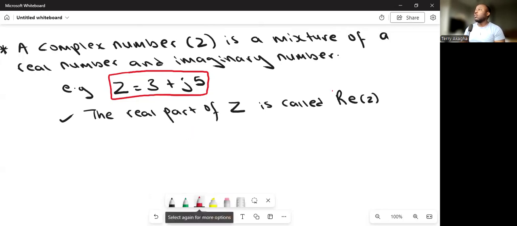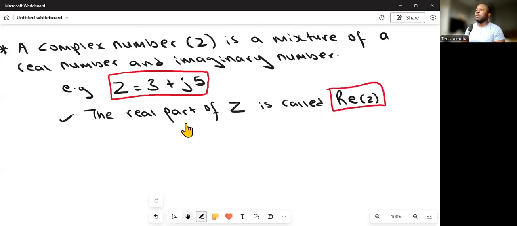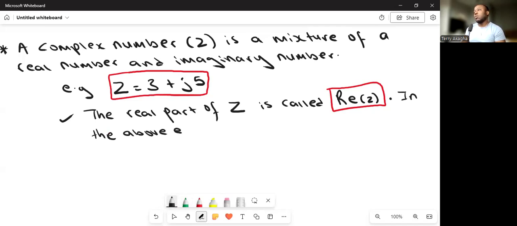So this is how we write it, R-E-Z, that's the real part. And in the above example, it is 3. So this is the real number, or the real part.